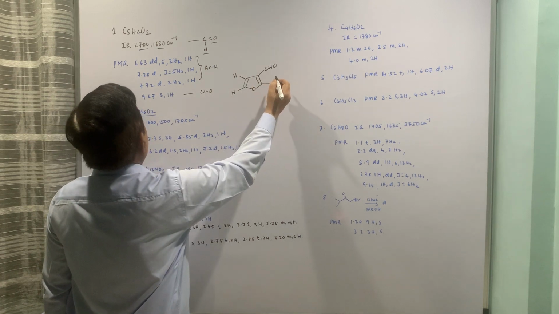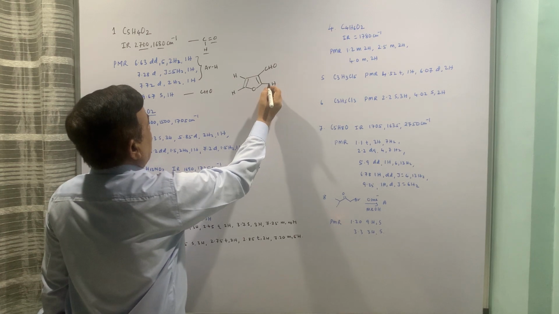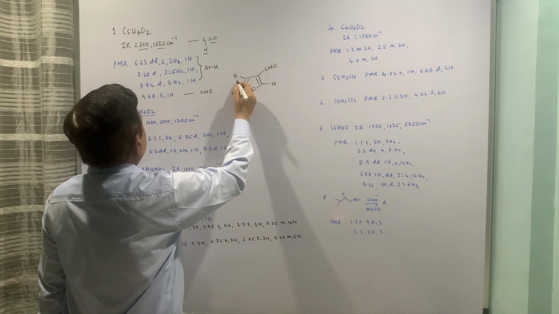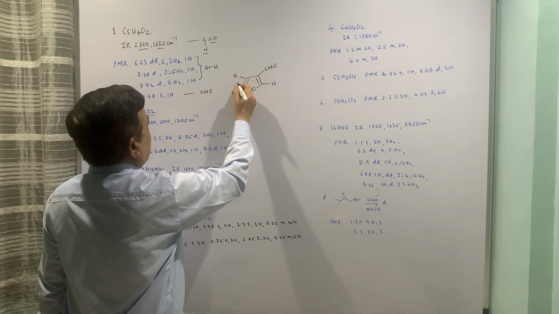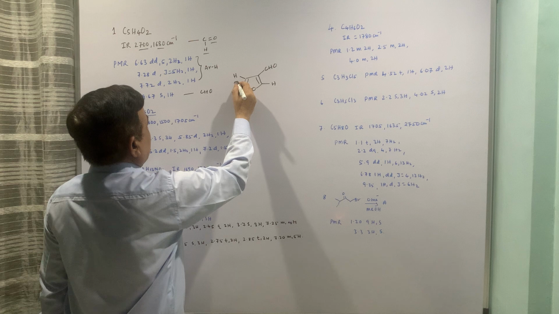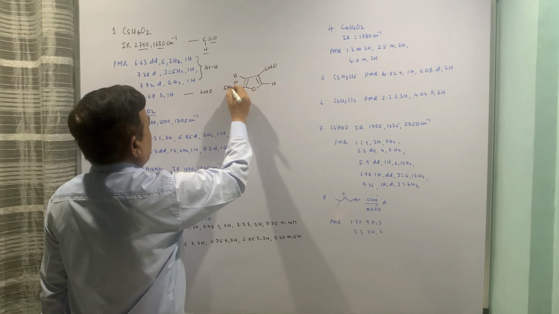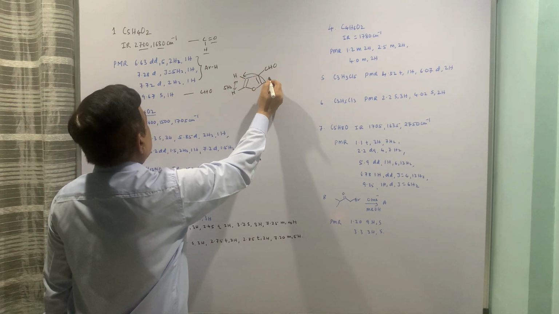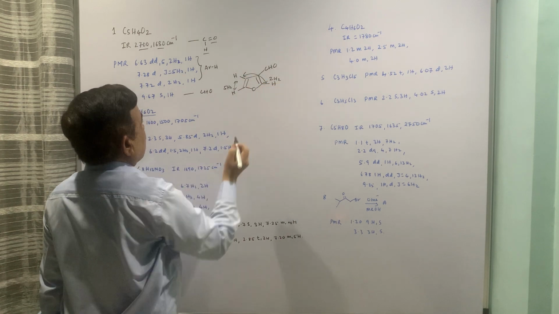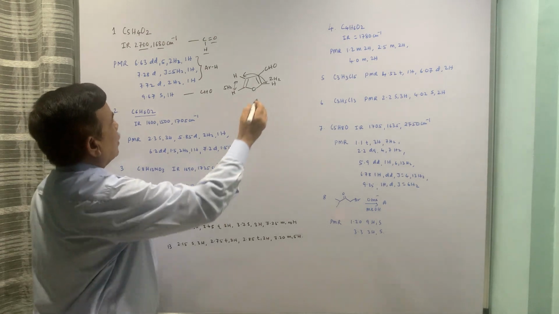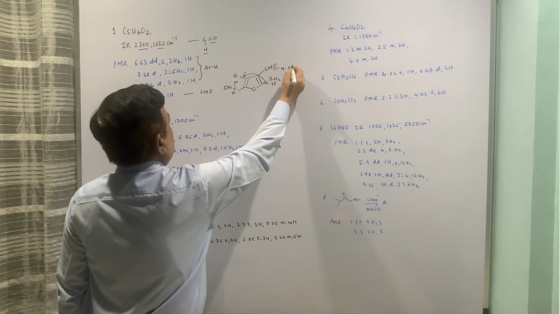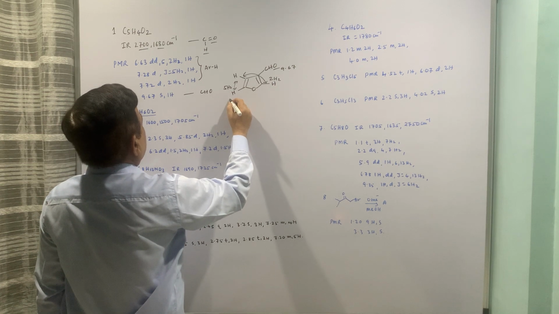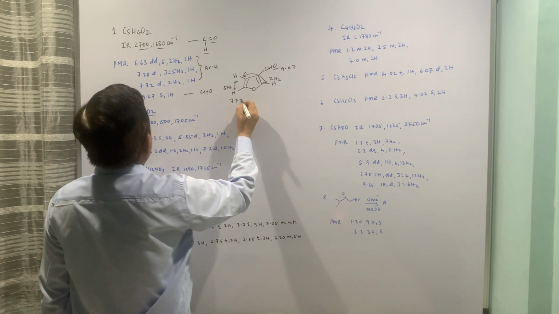You can think of this one, the coupling constant is 5, doublet 5 Hz, and this one is 2 Hz. This is 9.67, and simply you can put 7.72.